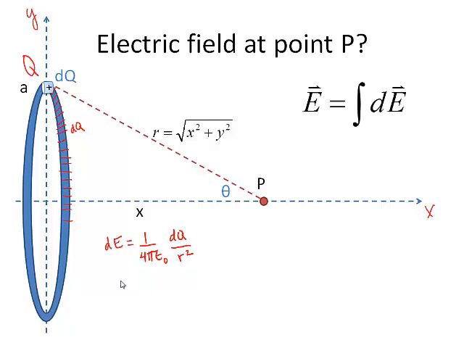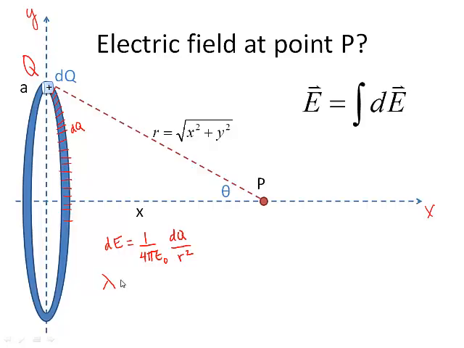Another thing that might be useful to us is to actually try to figure out what dq is. How much charge is there in dq? In order to do that, we're going to actually use another variable, lambda, for the linear charge density. This is kind of like a linear mass density.